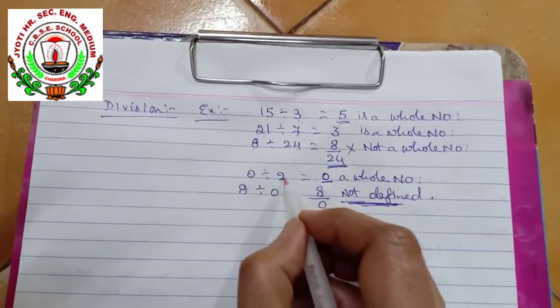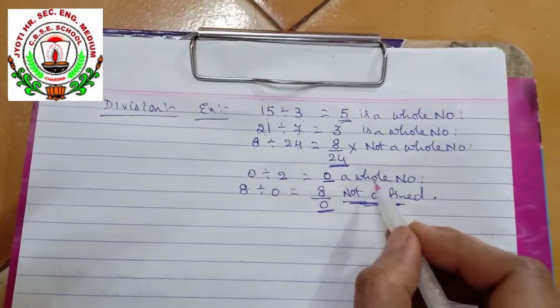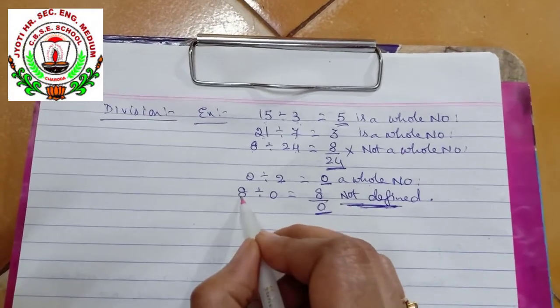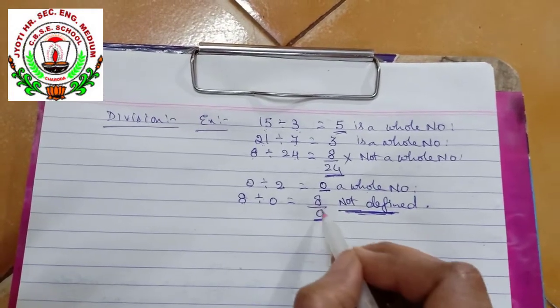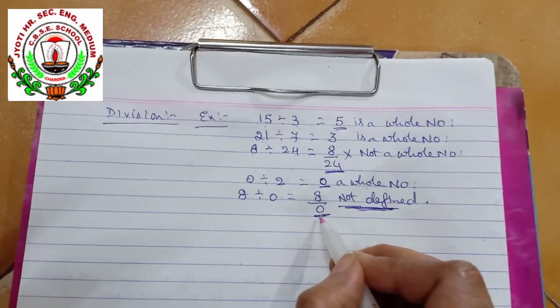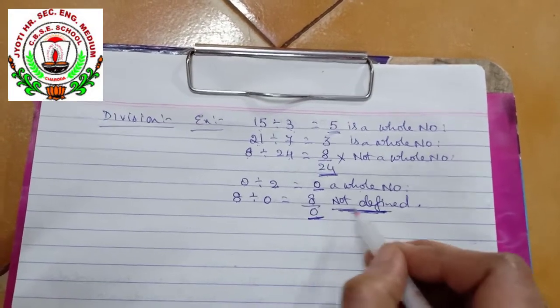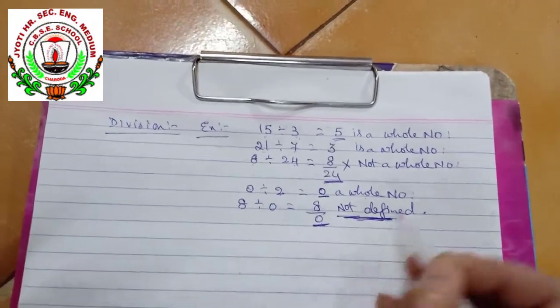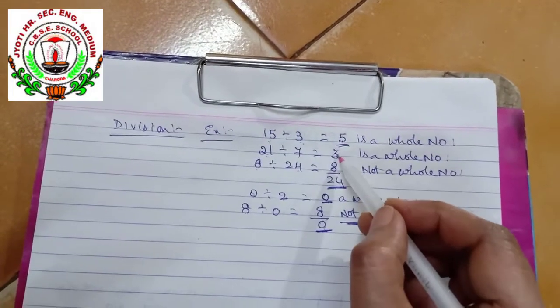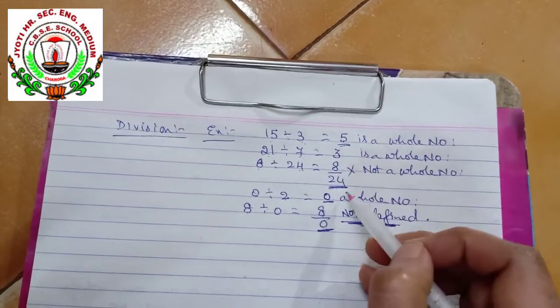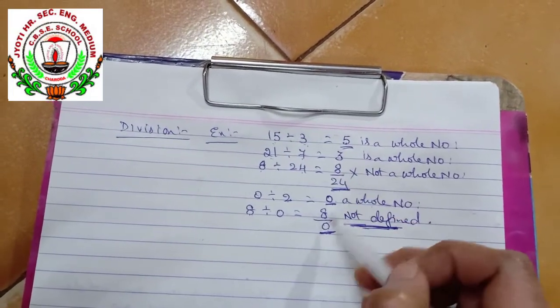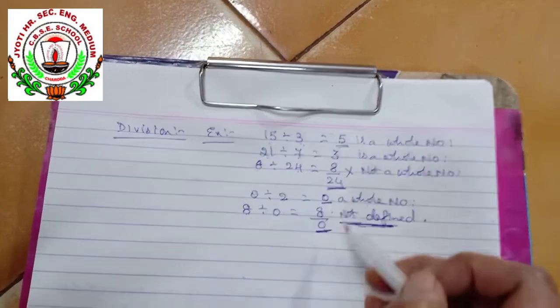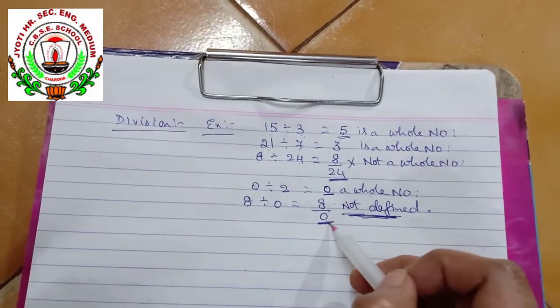When 0 is divided by 2, it is 0, a whole number. If I write 8 divided by 0, 0 cannot come in the denominator, so the answer is not defined. See, in 3 examples we got a whole number, but in 2 examples one is a fraction and another answer is not defined.